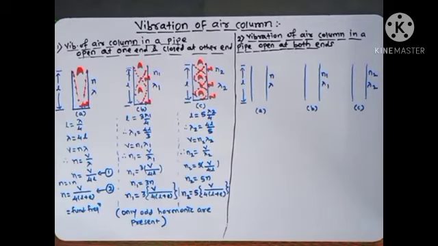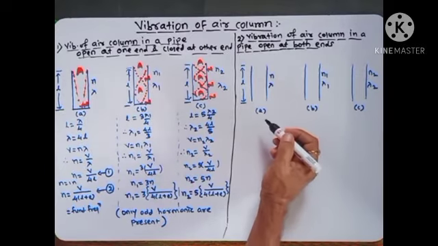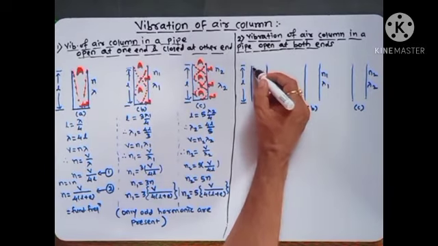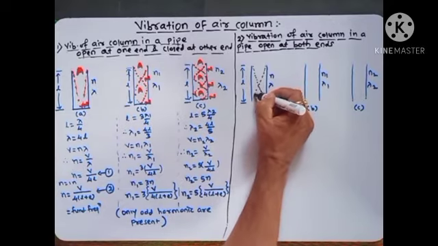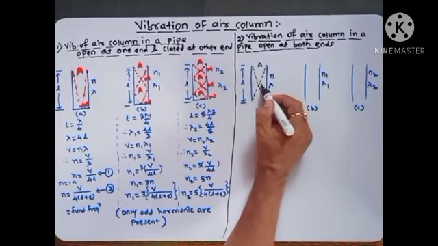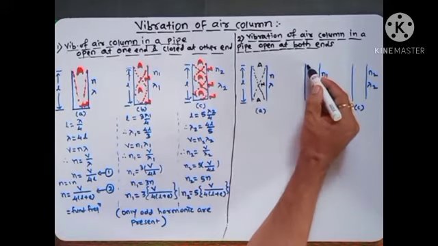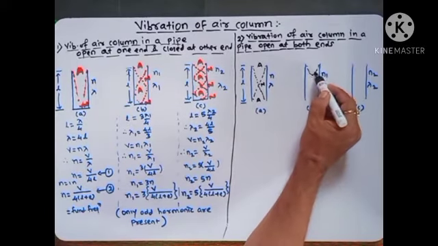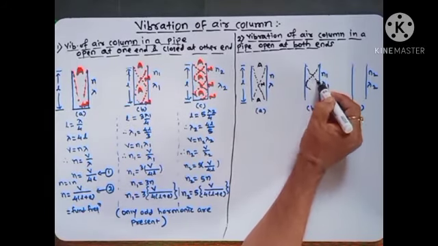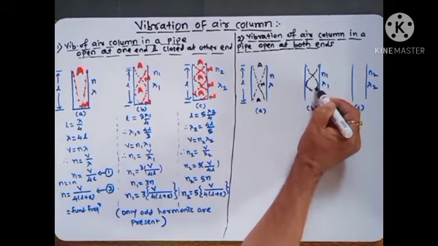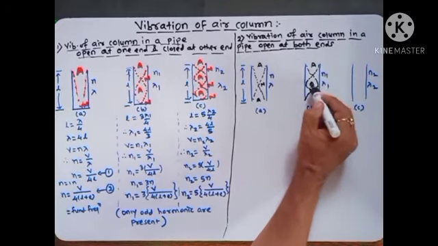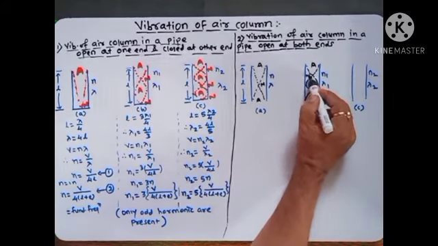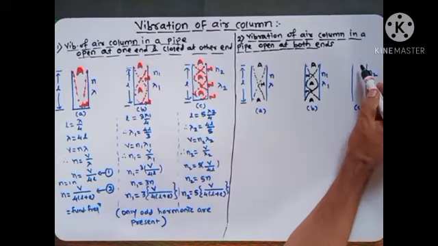Now we consider the nodes and antinodes. Always at an open end an antinode is formed, therefore I will show it like this. Here we get antinode, node, antinode. Now we increase one by one. See here, antinode, antinode, antinode, and two nodes.